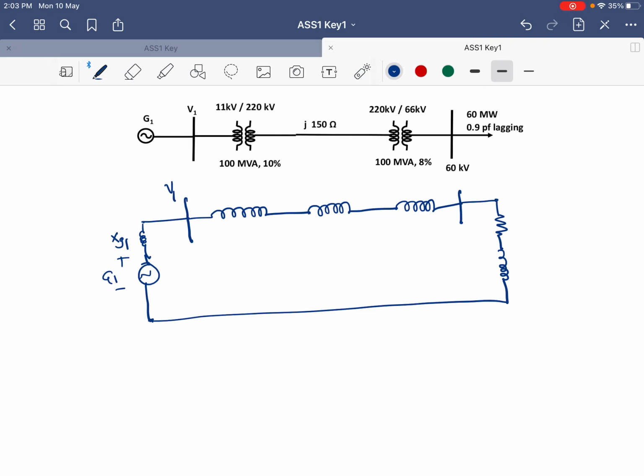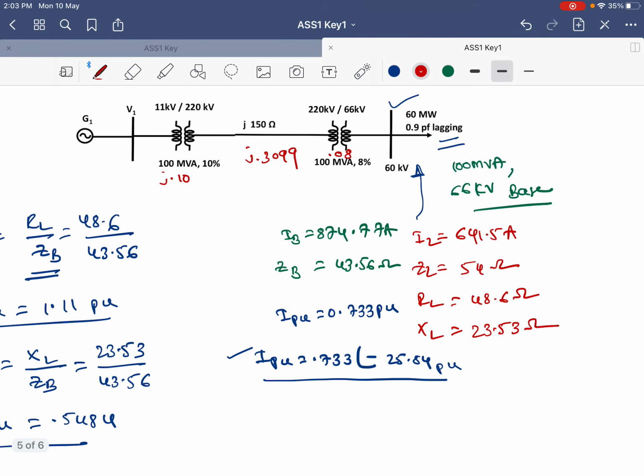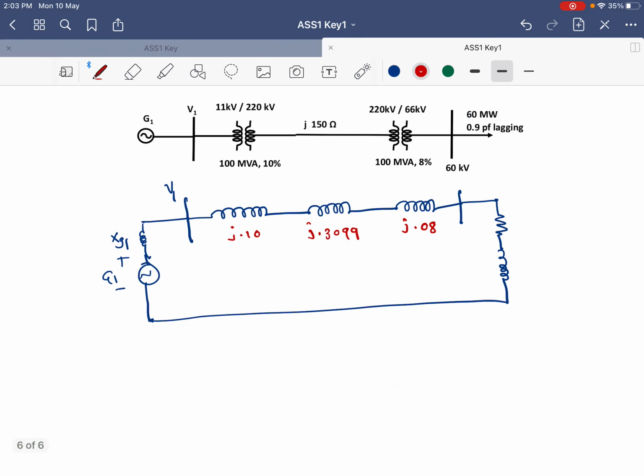Okay, now we have to write all the per unit values on a new base quantity here. We know that for this it is j0.10 itself, it is 0.3099, it is j0.08, then the resistance and reactance are 1.11 and 0.54.